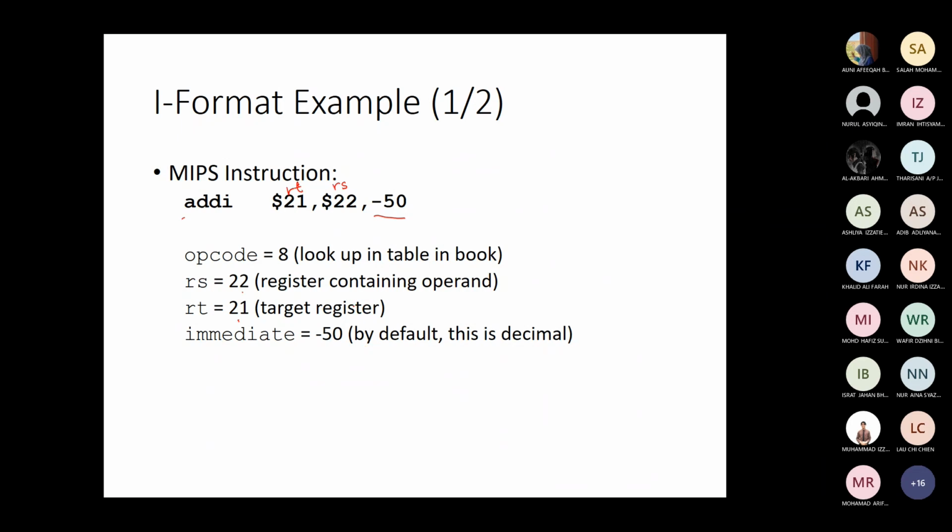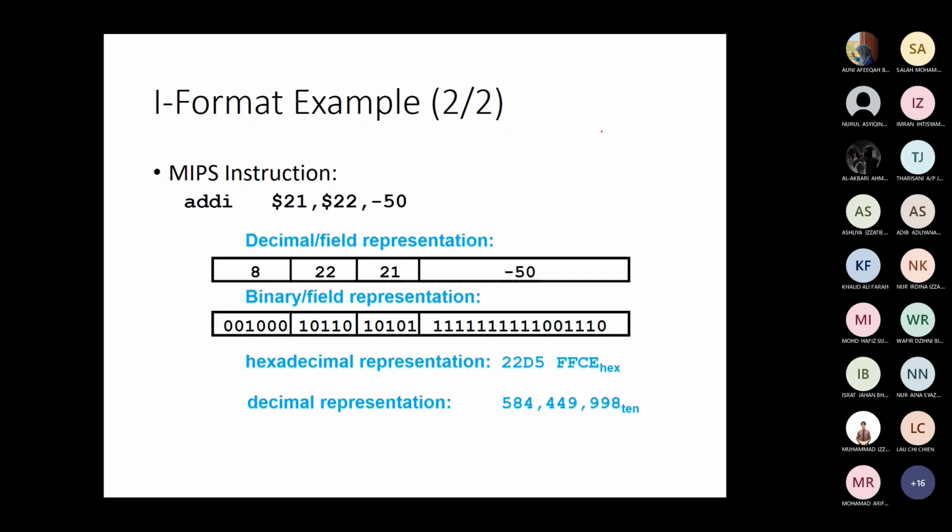Only a command that has an I can accept negative numbers. So let's write it again. This is opcode, this is RS, 22 is RS, 21 is RT, and this is immediate. Always do it like this.